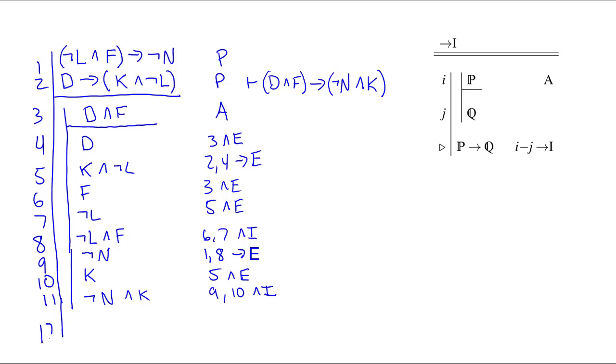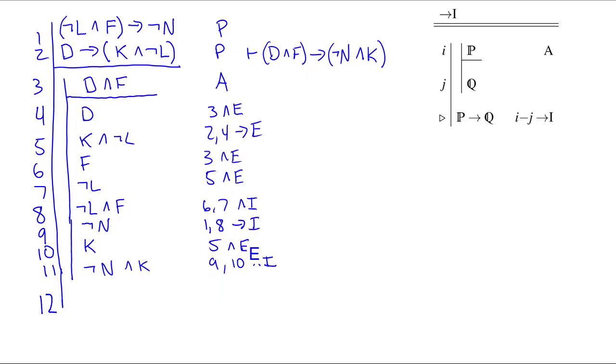So our line 12 starts with the antecedent D and F. That was our initial auxiliary assumption there. Arrow, not N and K. And so we'll cite 3 through 11, arrow introduction.